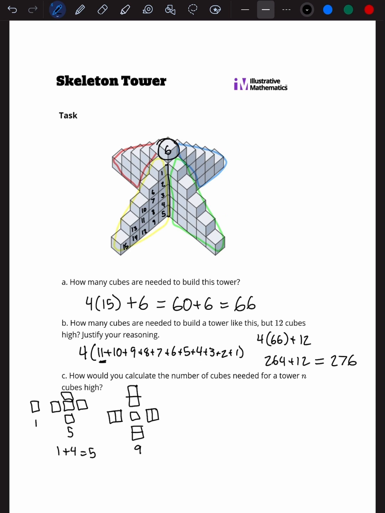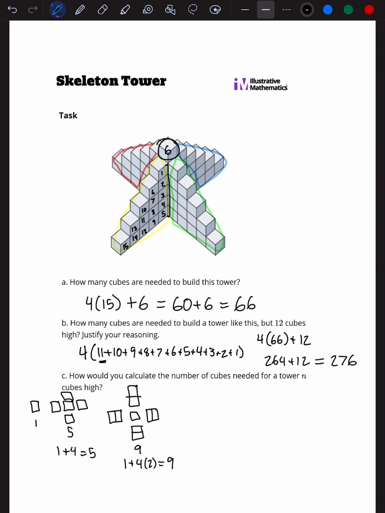A way I could write this one is 1 plus 4 times 2, which equals 9. So instead of writing the 8 cubes as just 8, I broke it down to 4 times 2. And then that would eventually give me the equation 1 plus 4 times k minus 1.